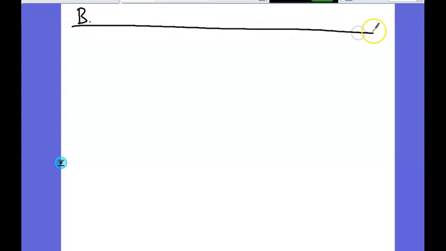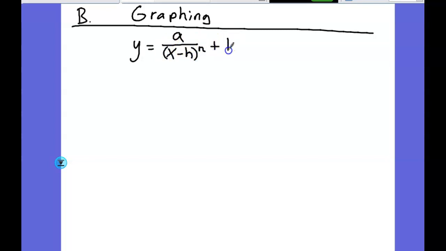All right, now we're gonna add some stuff to the mix here. Where was I? We're going to talk about transformations. So B. So let's talk about graphing this.